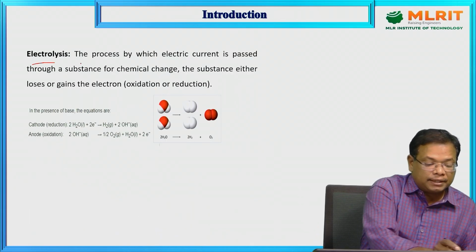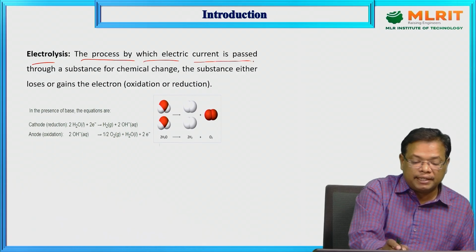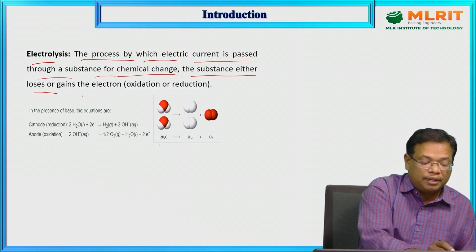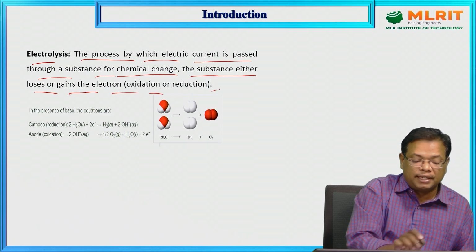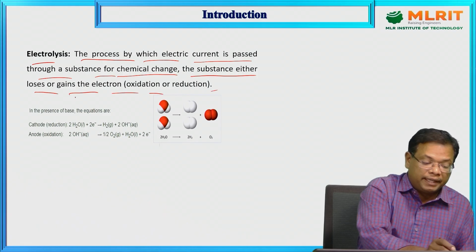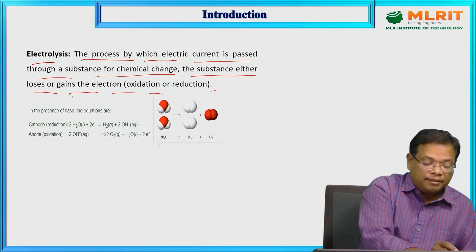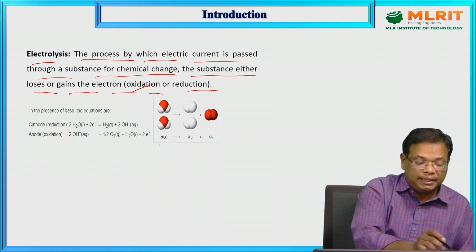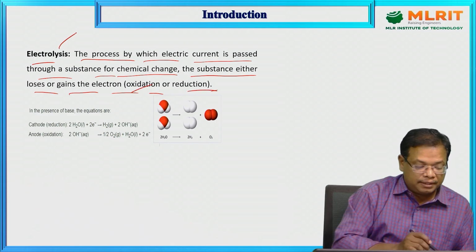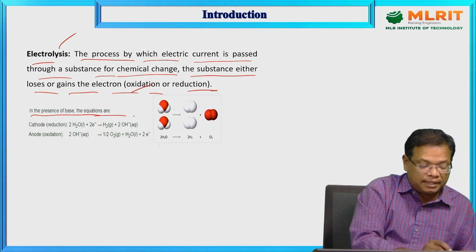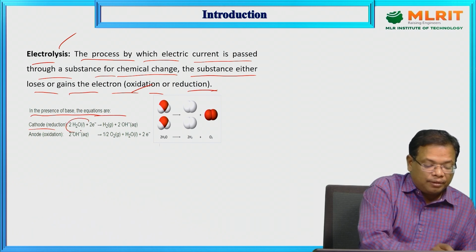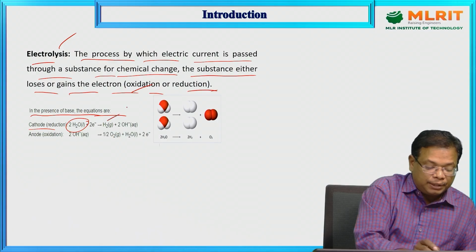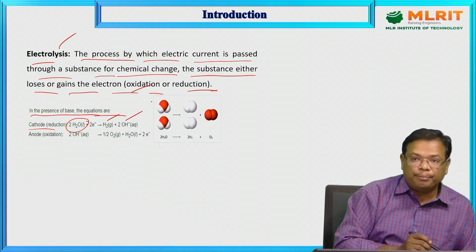So electrolysis is the process by which electric current is passed through a substance for chemical change. The substance either loses or gains electrons, oxidation or reduction. The substance which can gain or lose the electrons, oxidation or reduction, that is called electrolysis. So in the presence of a base, the equations are: cathode, water is divided into H2 and 2OH minus ions.